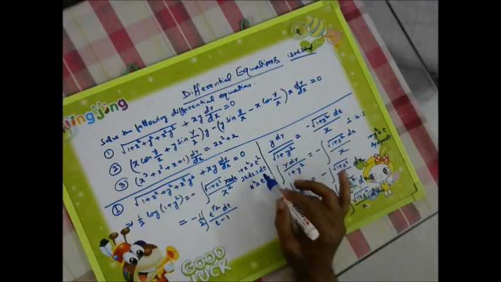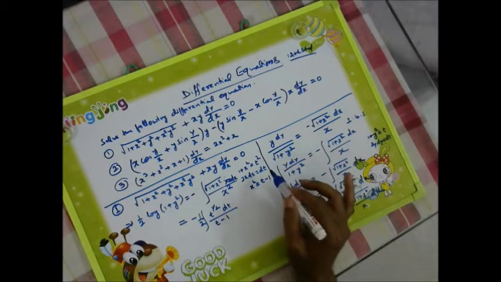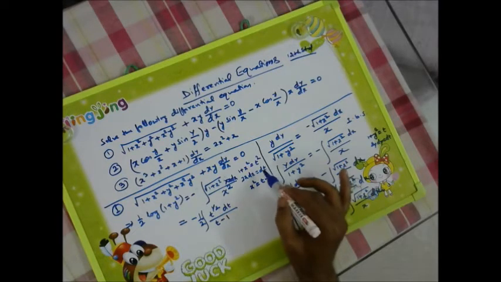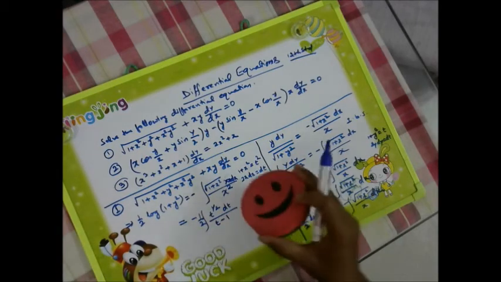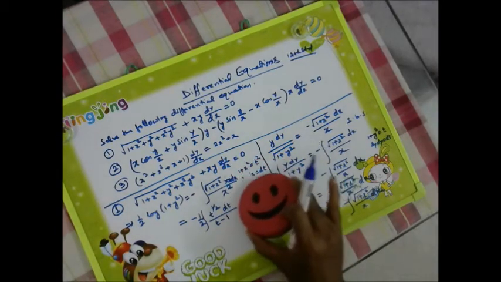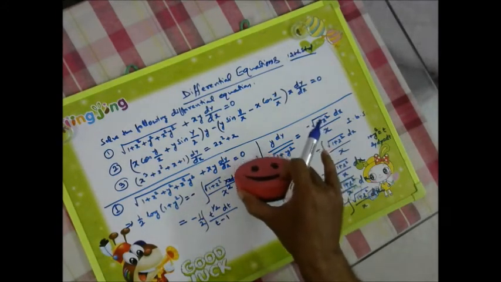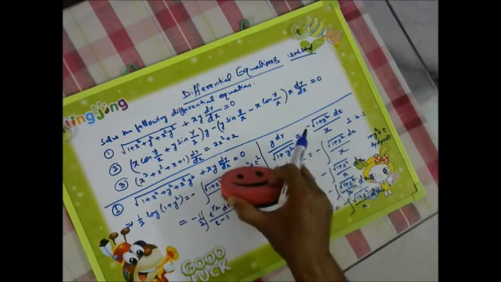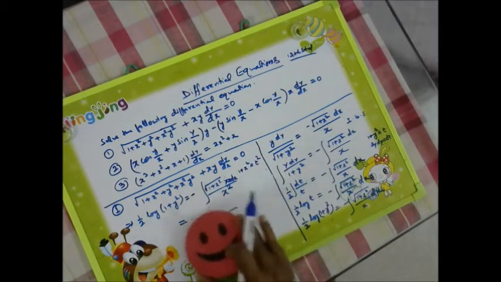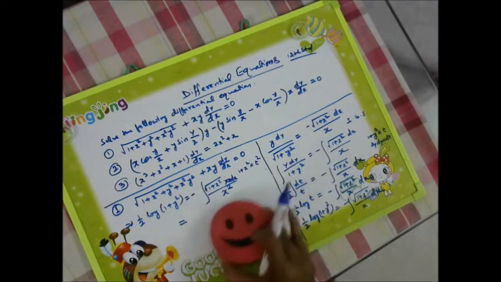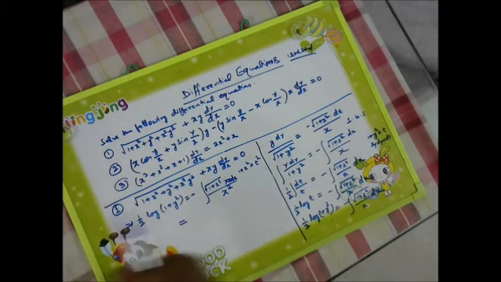Okay, let us substitute in that way. 1 plus x square we will substitute as t square.